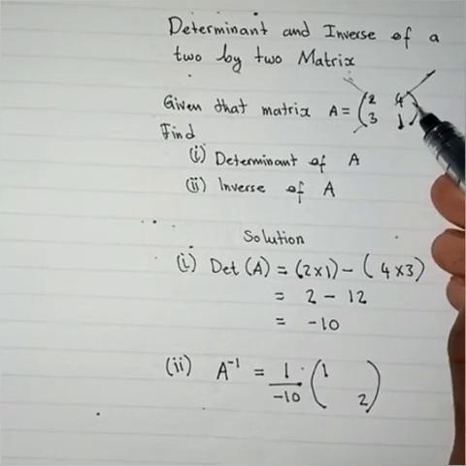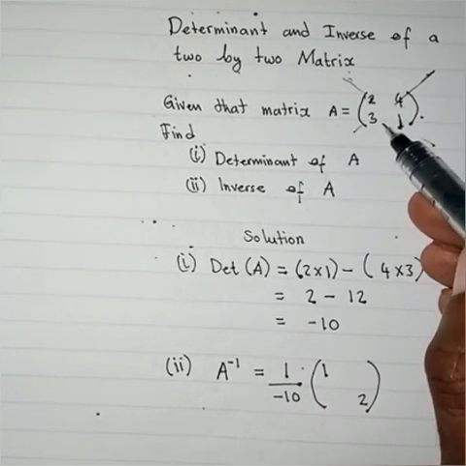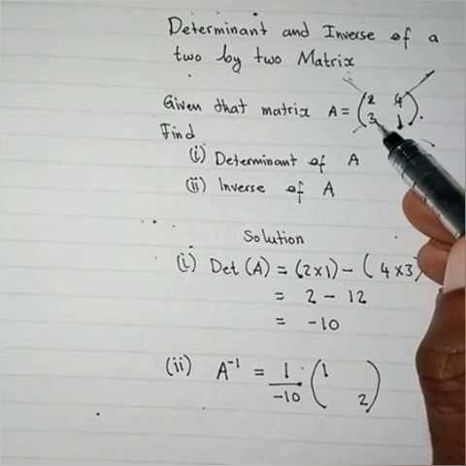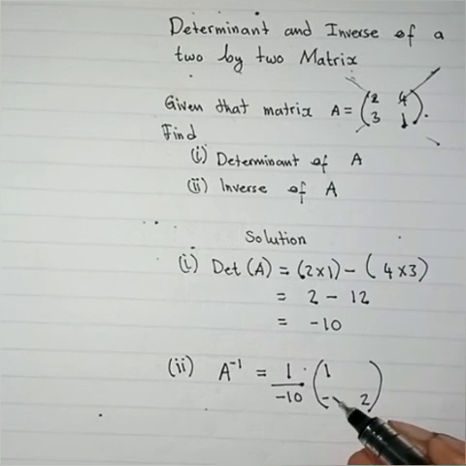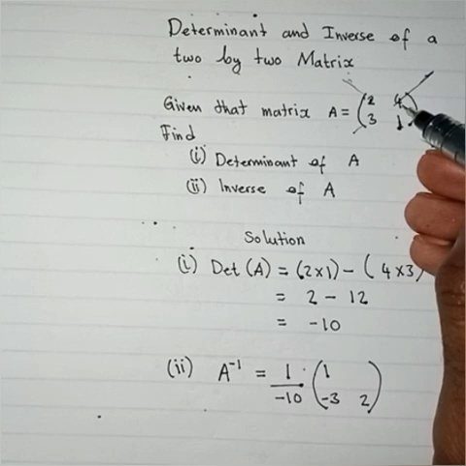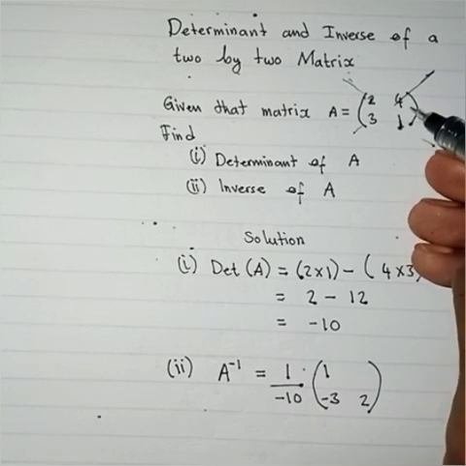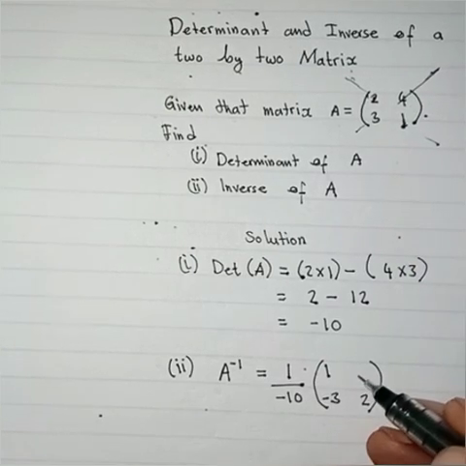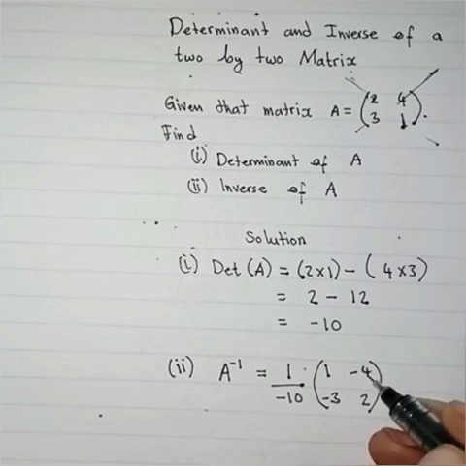As for these other numbers in the minor diagonal, we just change their signs. This number is a positive number, so we change it to negative, so it becomes negative 3. This number is also positive, we also change its sign. It becomes negative 4, like that.